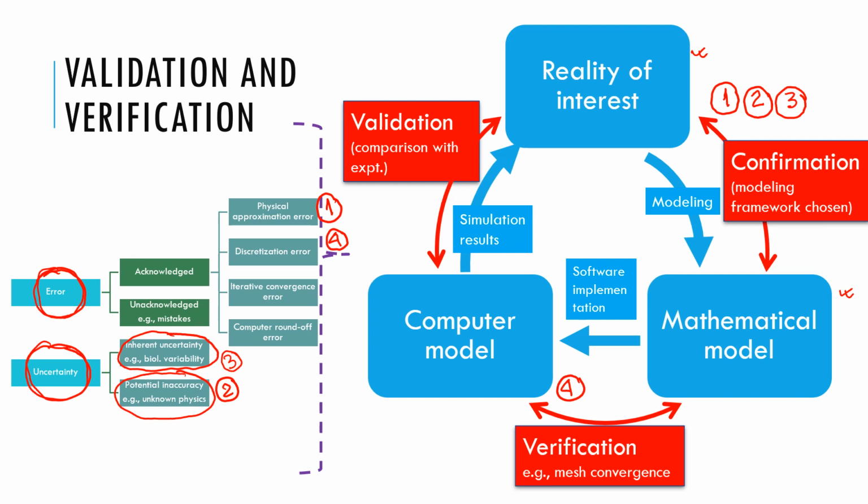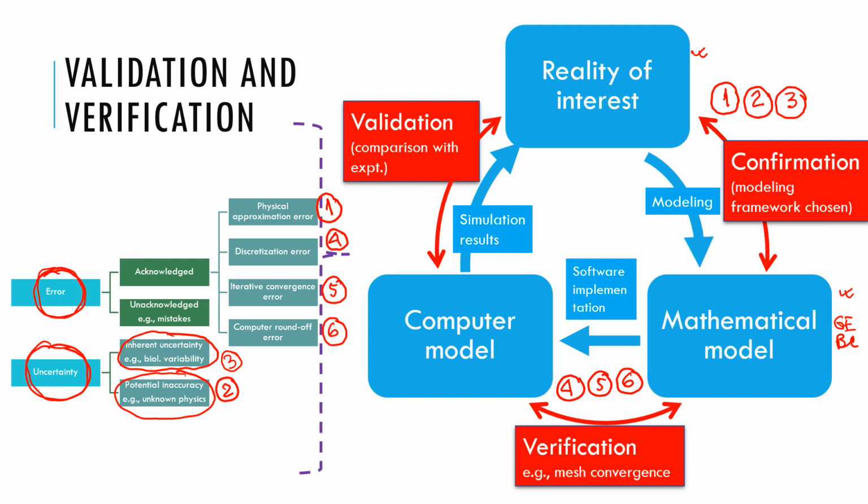This is the one that we try to reduce by doing mesh convergence. Now there are other minor errors like iterative convergence error or possible errors like computer round-off error, but those are also in the stage of solving the governing equation and boundary conditions that we have for the model. So those also come here.